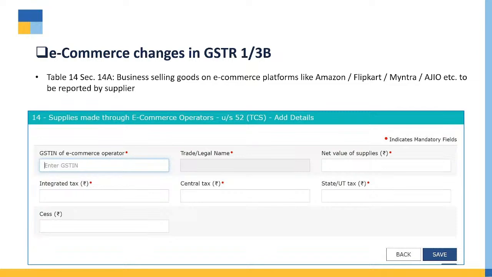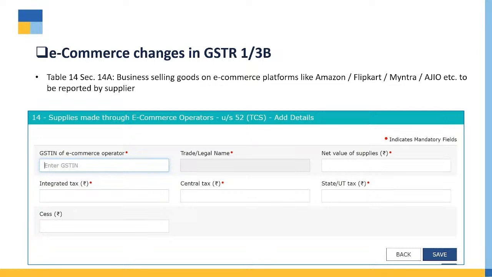If you look, they are asking for the e-commerce operators' GSTN and their legal name and the net values of supplies. So definitely today, the sales that we do online through e-commerce platforms are participating in the respective GSTR 1 tables, and exclusively in this table, a net value of all the supplies has to be submitted with relevant taxes.